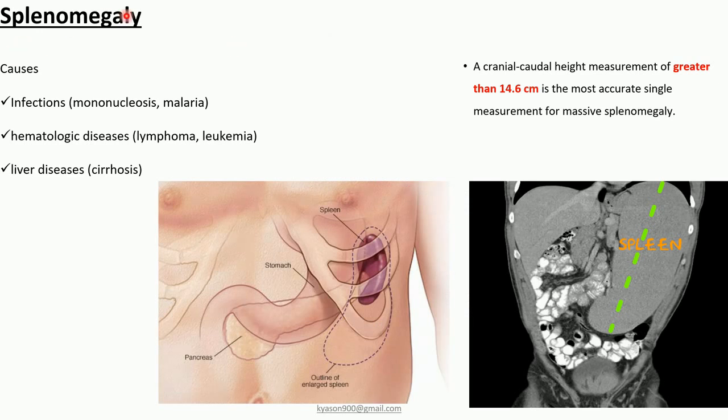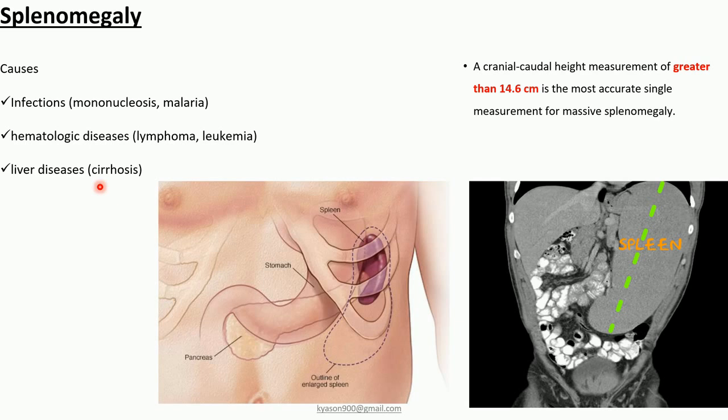Splenomegaly, just from the word, big spleen. The spleen can enlarge because of many factors. Most of the cases, the enlargement is as a result of liver cirrhosis. If a patient has a diseased liver as a result of, let's say, viral hepatitis or chronic alcohol consumption, that diseased liver, of course, will prevent easy flow of blood through it.